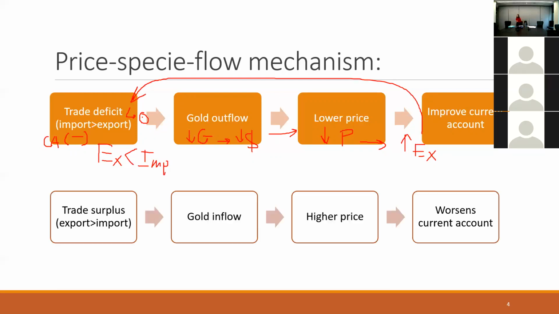So similarly for a trade surplus, this is the case when we have more exports than imports. So we are selling goods and services overseas more than we buy from overseas, yeah? So as a net producer, we have a net outflow of goods and services outside of our country.